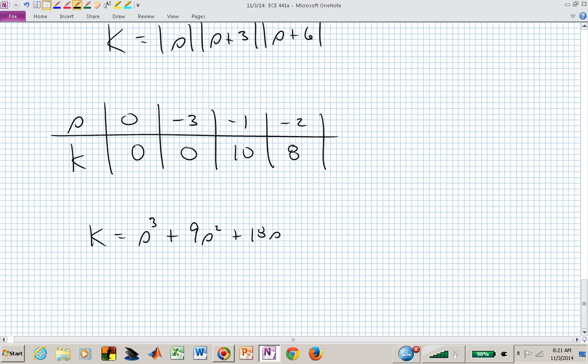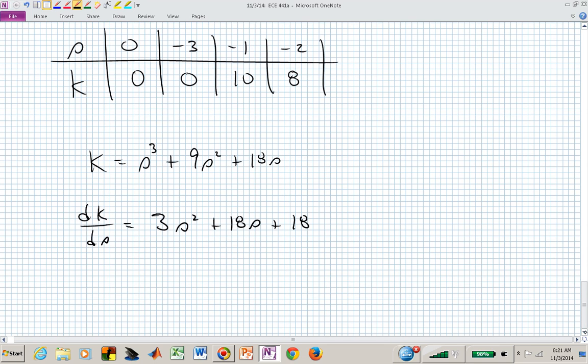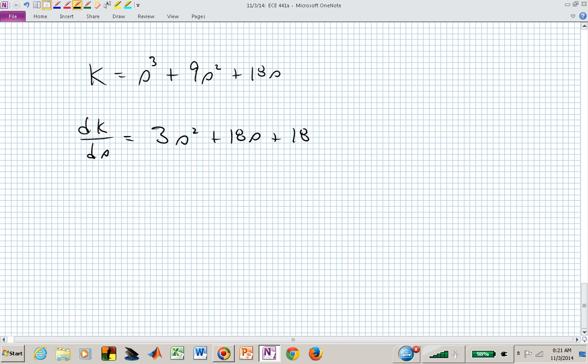Now I differentiate that with respect to s. I'm trying to find the relative maximum of K between 0 and minus 3. I can factor a 3 out of those, and I now see that I have s squared plus 6s plus 6.